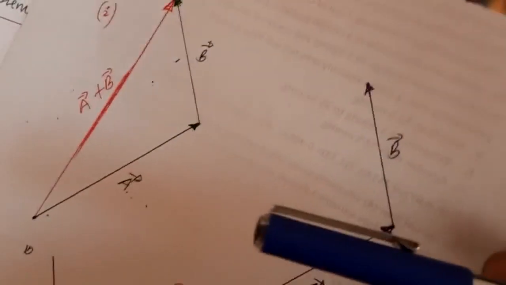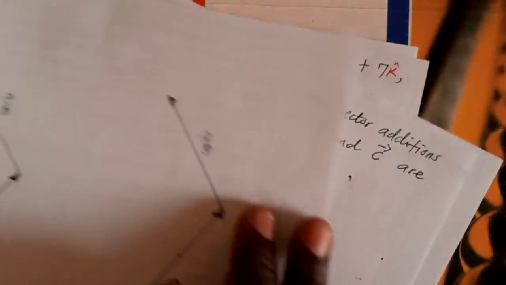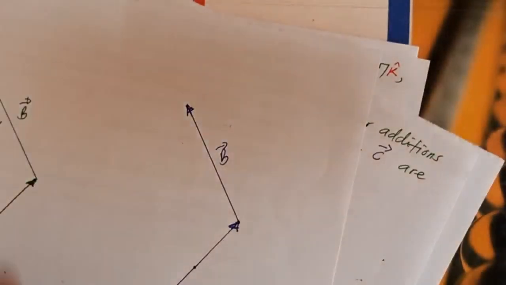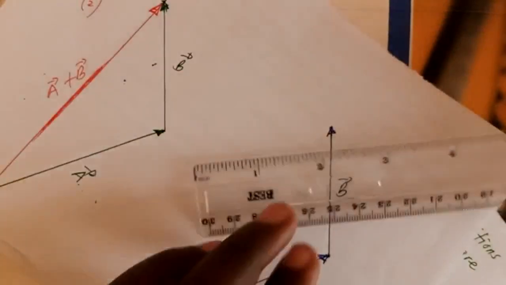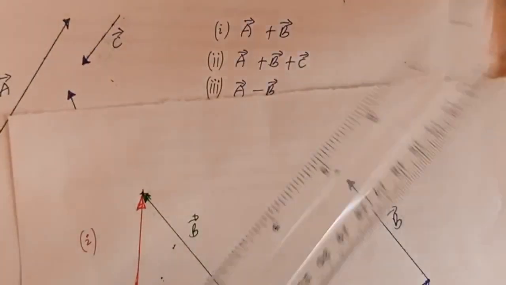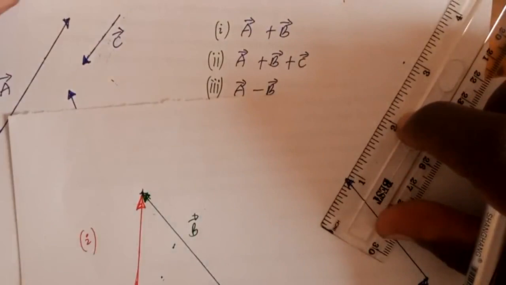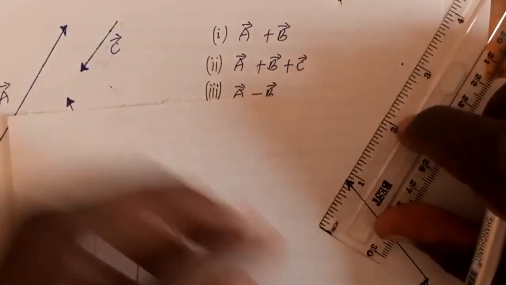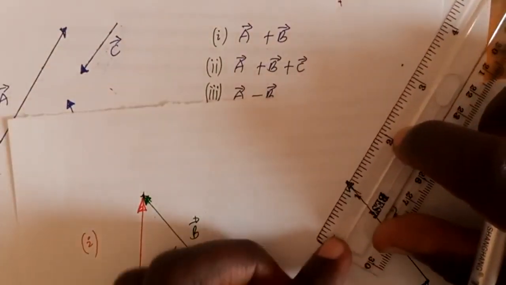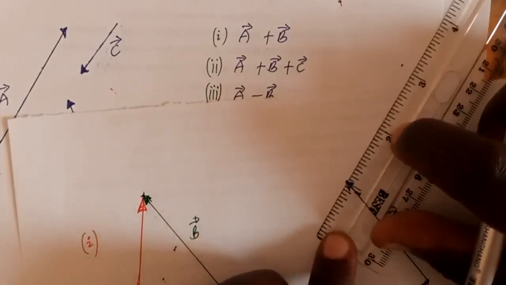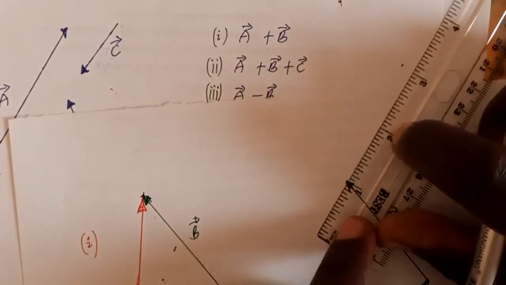So I will go to the head of vector B that I drew and draw my vector C in that direction I am given. So I will draw my vector C. Okay, this is the direction of vector C. So I will make sure that I do not change the magnitude.